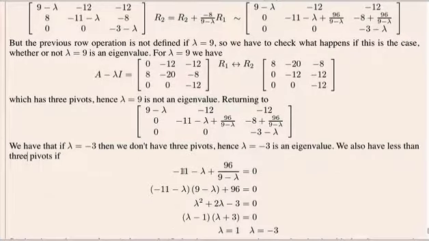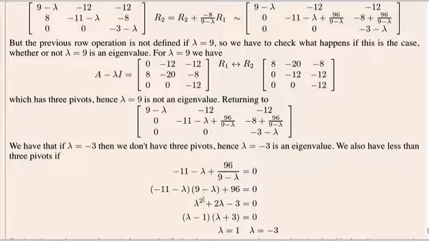So this minus 11 minus lambda plus 96 over 9 minus lambda equals 0 can be multiplied through with 9 minus lambda. We already know that lambda equals 9 is not an eigenvalue, so we don't have to worry about a zero denominator. If you multiply through with 9 minus lambda, you get minus 11 minus lambda times 9 minus lambda plus 96 equals 0.